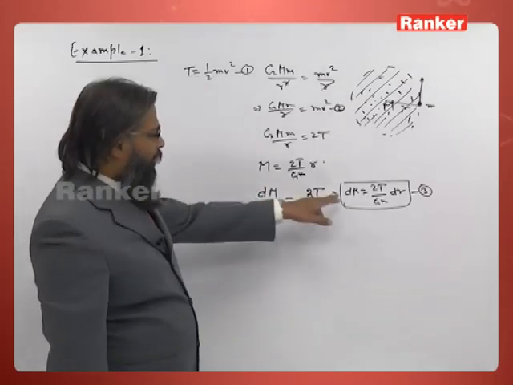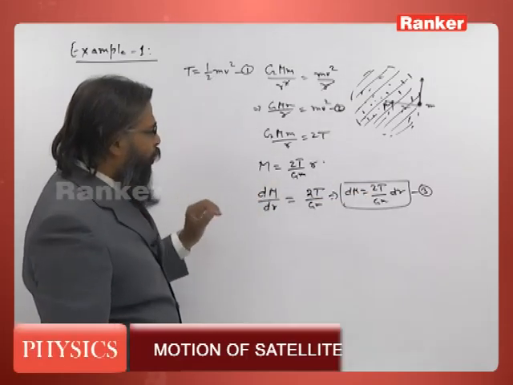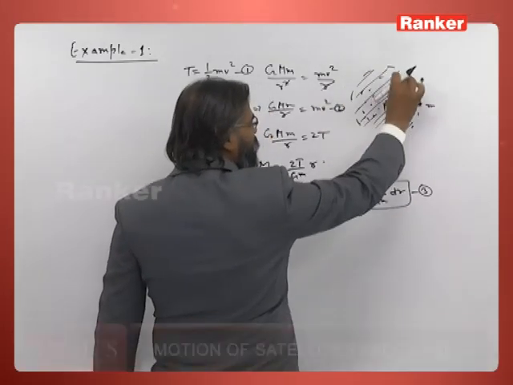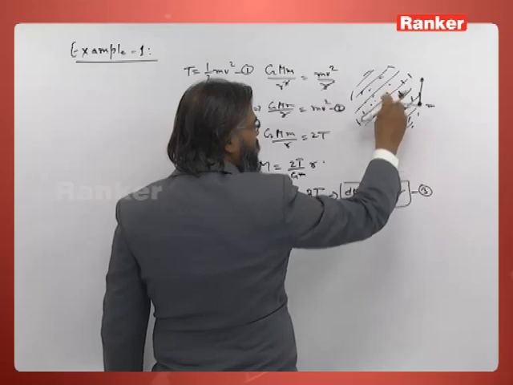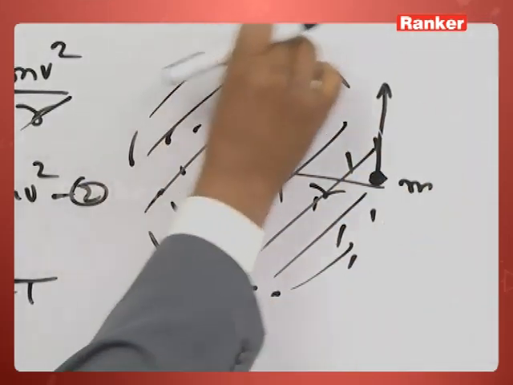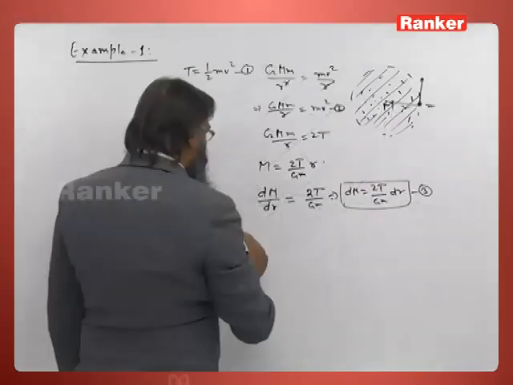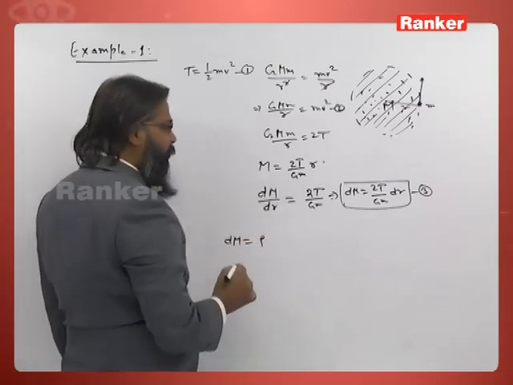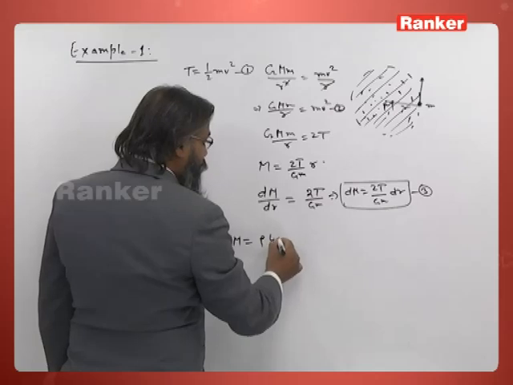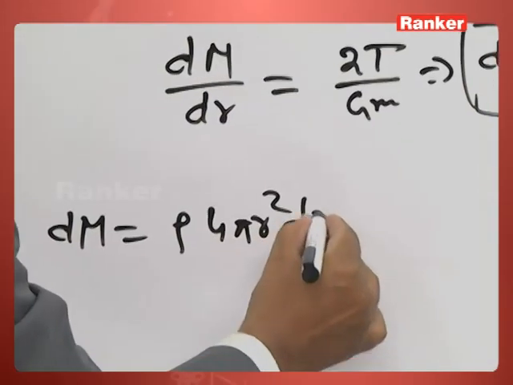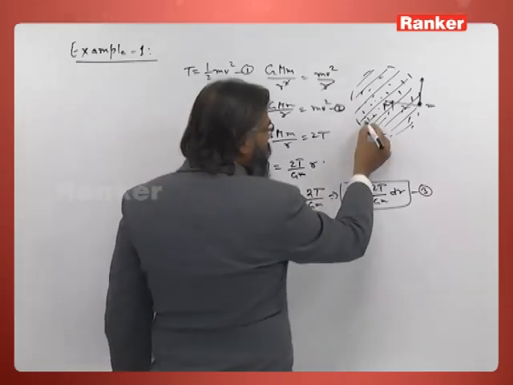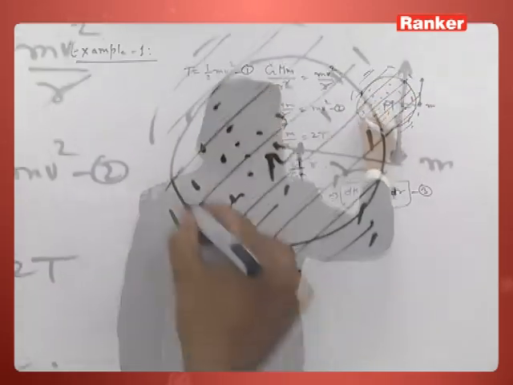Now, we got dM. Suppose I consider a small thin shell of this. Suppose this total mass is M. So, dM is the differential mass of that shell. That dM will be given by density rho into 4 pi r square dr. This is the mass of a small concentric element.